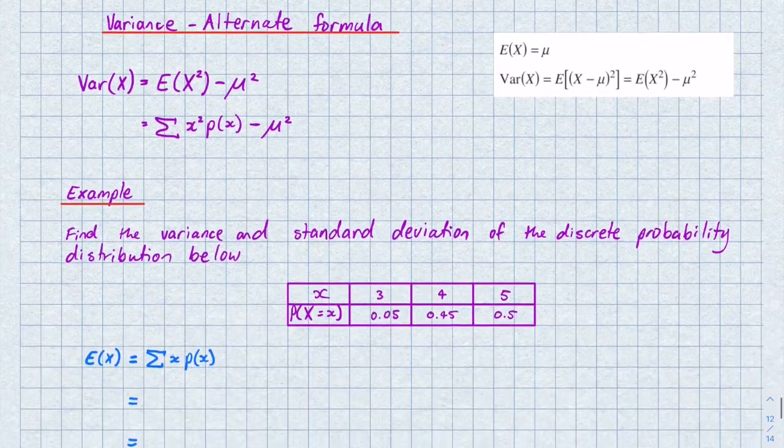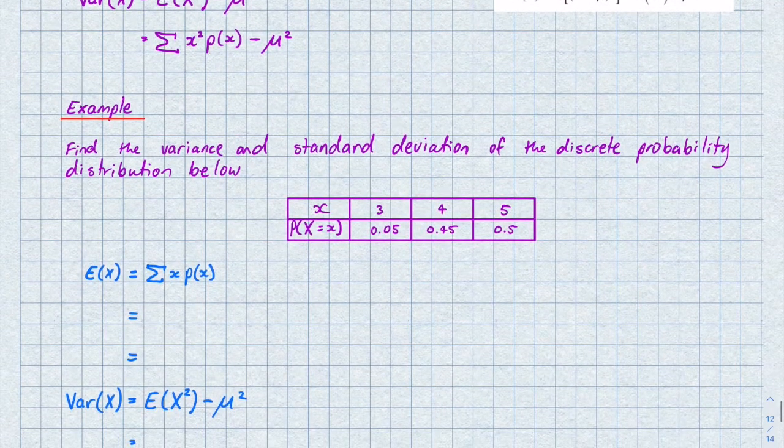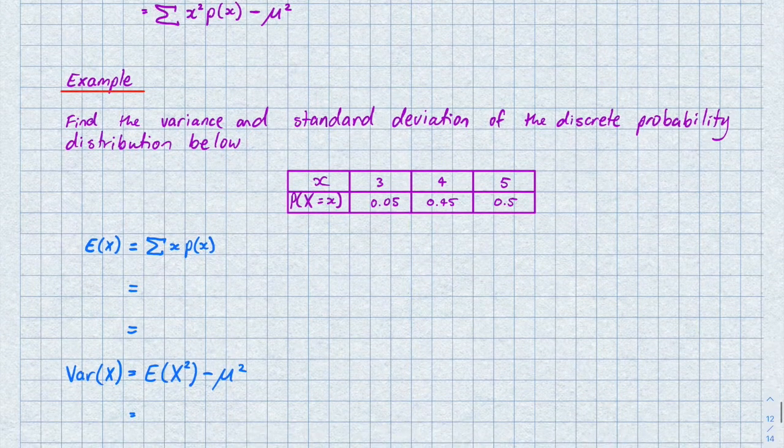So let's have a go at this much, much easier example. Find the variance and standard deviation of the discrete probability distribution below. There's a 0.05 chance of 3 occurring, a 0.45 chance of 4, and a 0.5 chance of 5. You notice that is left skewed data or negatively skewed data. If you graph it, it's looking like that.